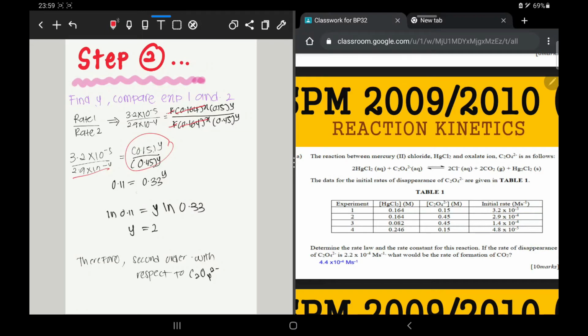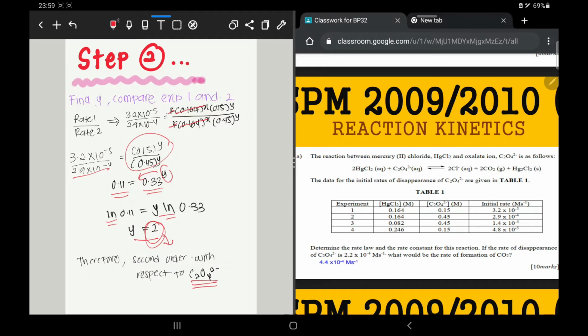When you do the calculation, you will get 0.11 equals 0.33 to the power of y. So how to find y? You bring the y to the front, you put ln on both sides, then you will get y equals 2. Therefore, 2 over here means second order with respect to C2O4 2-.